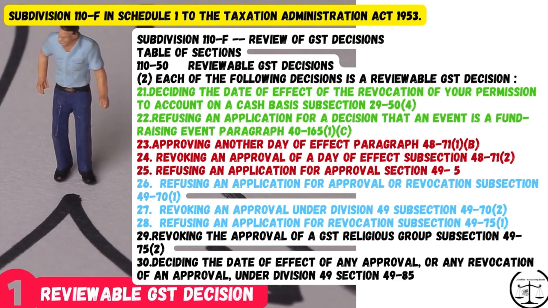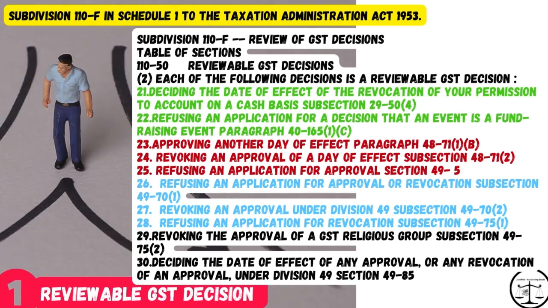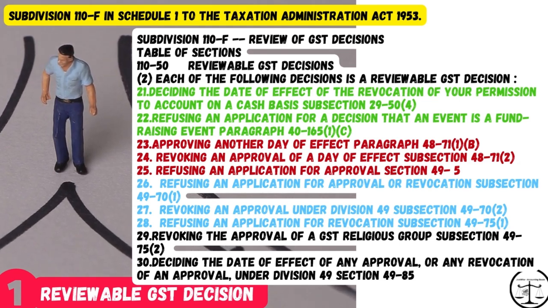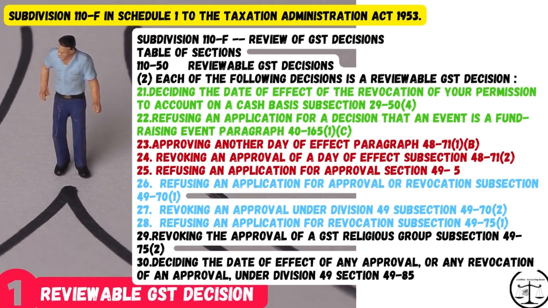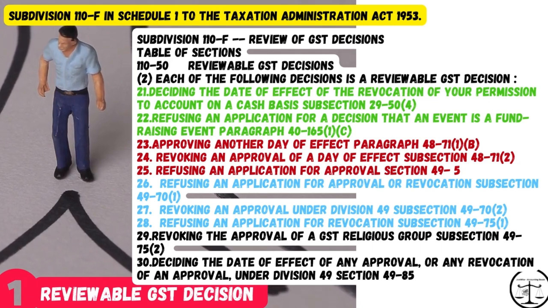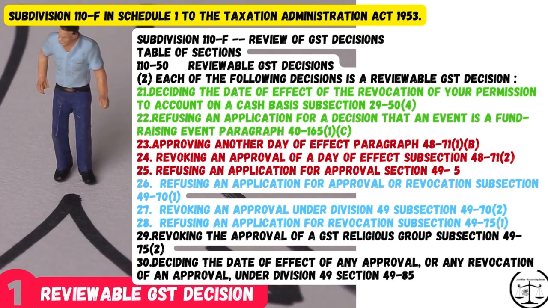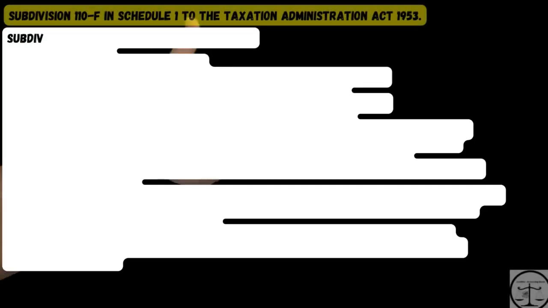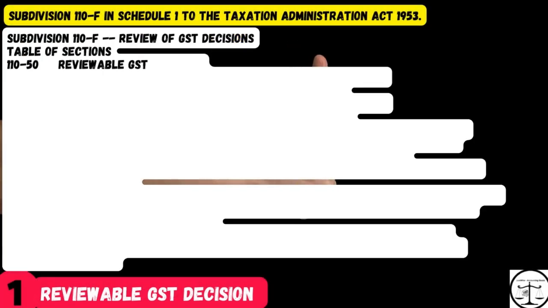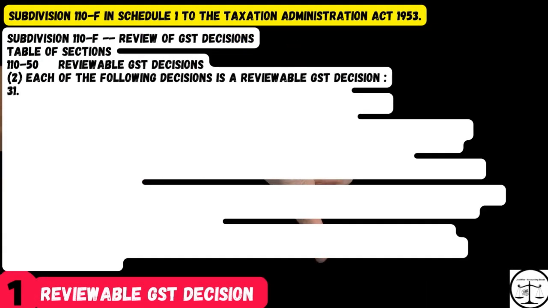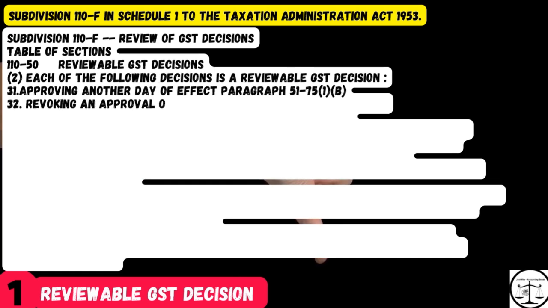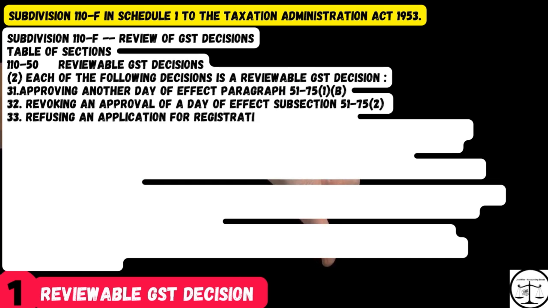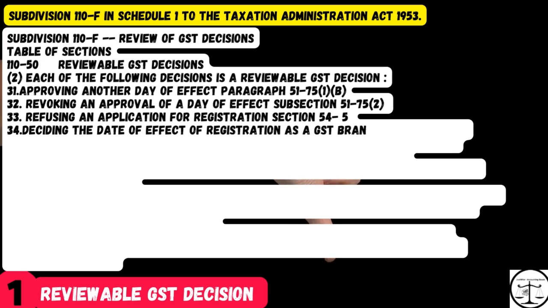Revoking the approval of a GST religious group, subsection 49-75(2). 30. Deciding the date of effect of any approval, or any revocation of an approval, under Division 49, section 49-85. 31. Approving another day of effect, paragraph 51-75(1)(b). 32. Revoking an approval of a day of effect, subsection 51-75(2).